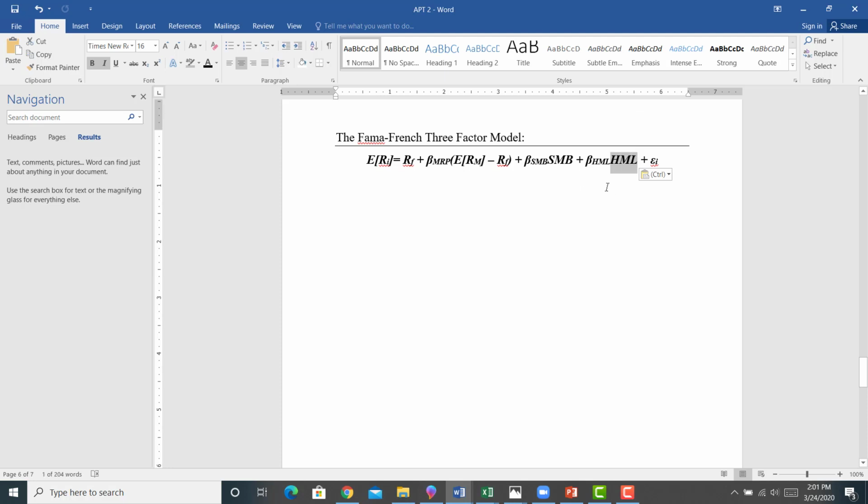Okay, we sort the universe of stocks into 10 portfolios based on book-to-market ratios. Stocks with low book-to-market ratios are portfolio 1. Stocks with high book-to-market ratios are portfolio 10. We then take the returns of the high book-to-market ratio stocks, portfolio 10, minus the returns to the low book-to-market ratio stocks. And this gives us another risk factor.